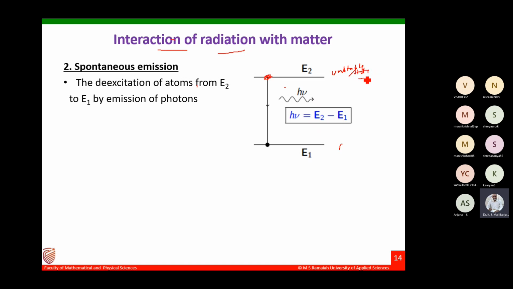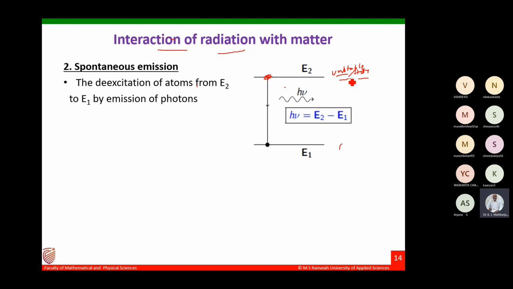A very simple way of understanding an unstable state is like when you throw a ball upwards, it comes back. For a different reason it comes back, but you can assume that it cannot stay over there in the air. Like this, the energy level is an unstable state.